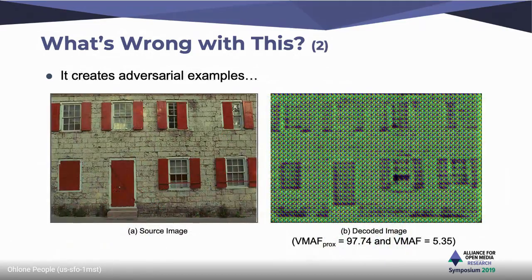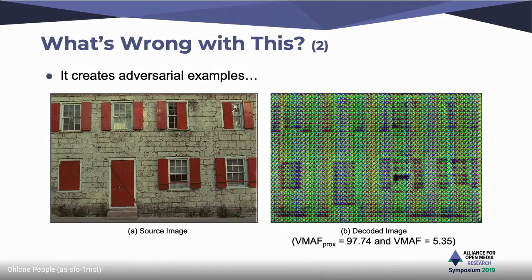And the second problem is quite interesting. When I first finished building this pipeline, I input the source image, which is figure A in the slide, and what I got is figure B. It looks quite dirty and strange.